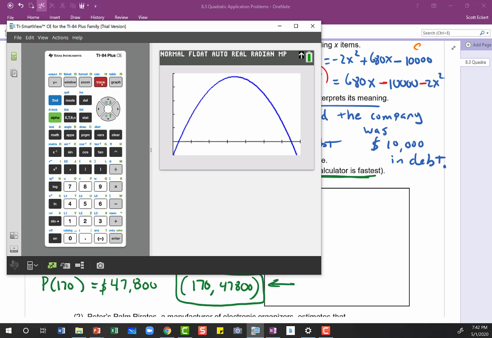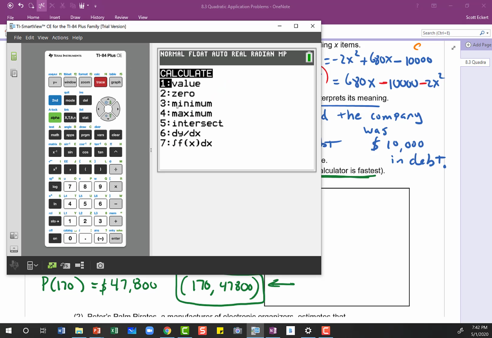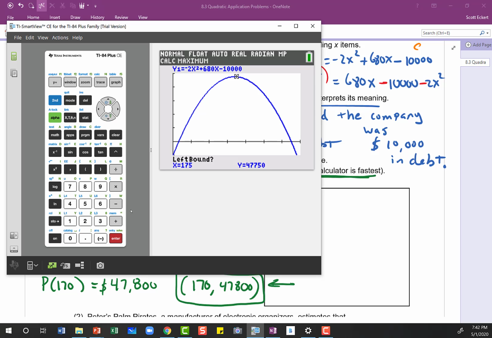So I'm going to use the second trace button. And I'm going to look at number 4, which is the maximum. Hit enter. And in order to do this, I have to move to the left and set a boundary. Move left, hit enter. Move right, set a right boundary, going past the max, hit enter again.